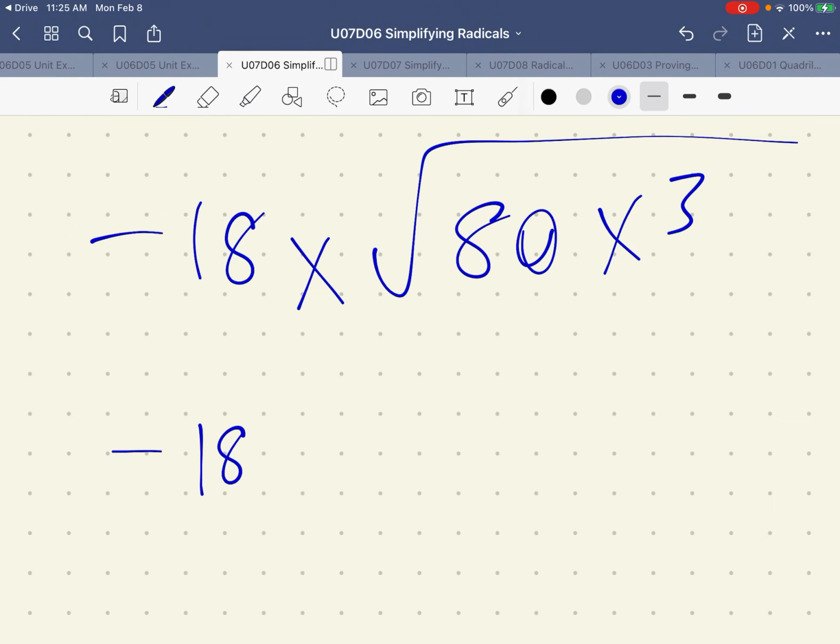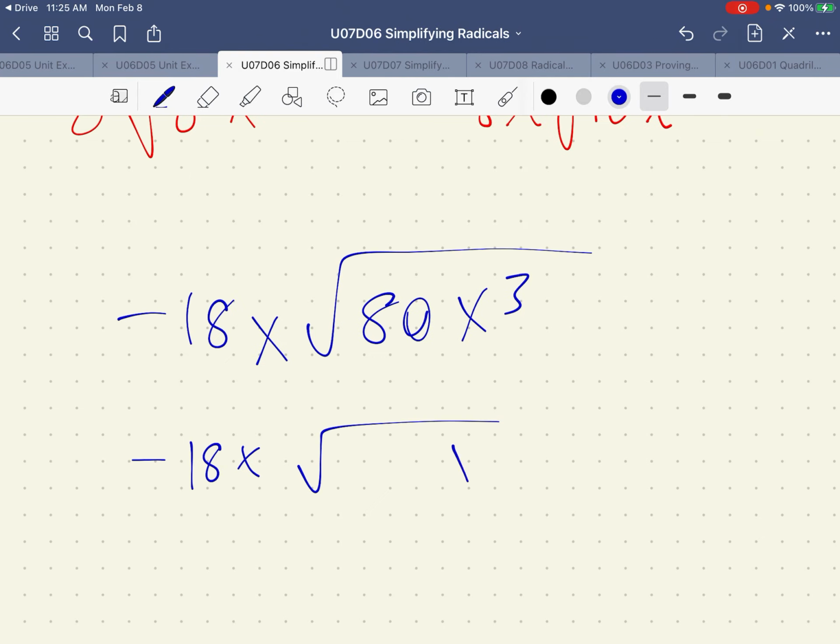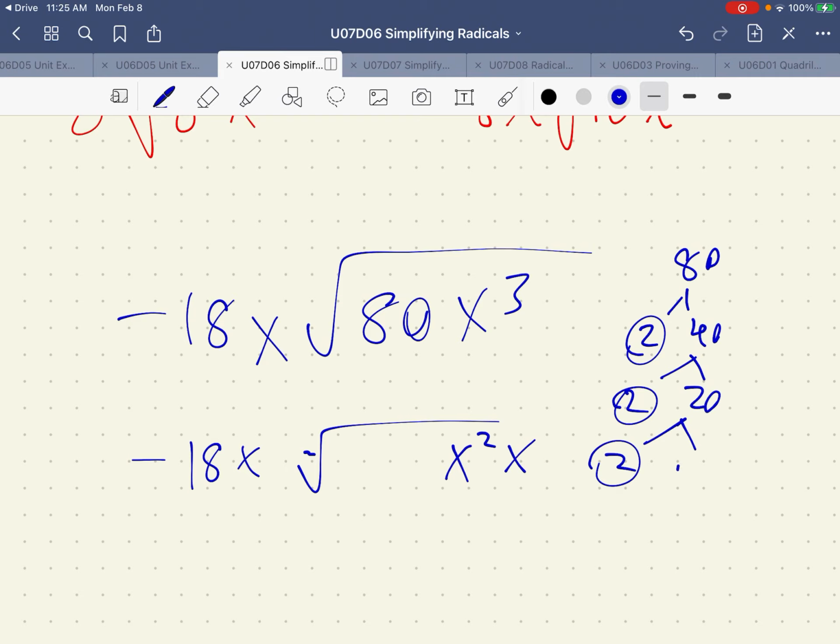So we get negative 18x, and this is going to be the square root of, we have to simplify this, but this will be x squared and x because we have an index of 2. 80 is going to be equal to 2 times 40. 40 is going to be equal to 2 times 20, and 2 times 10, and 2 times 5, which is a prime number. So that's going to be 2 to the fourth, 5.